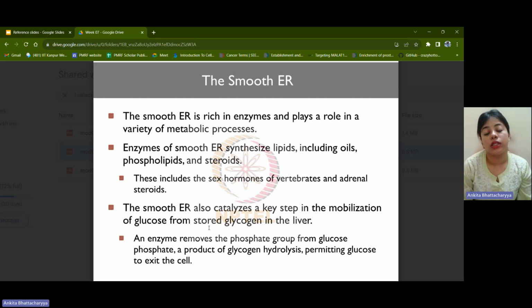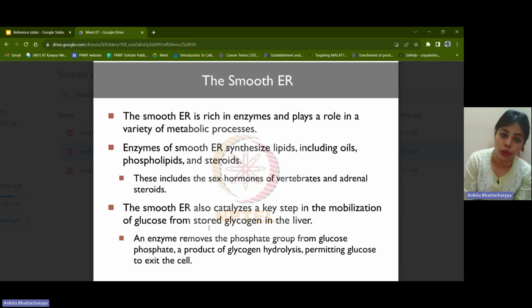And when we talk about steroids, it includes the sex hormones of vertebrates and adrenal steroids as well. Now, the smooth endoplasmic reticulum also catalyzes a key step in the mobilization of glucose from stored glycogen in the liver. This is specific to the hepatocytes within the liver, which carry out the movement of glucose from glycogen.